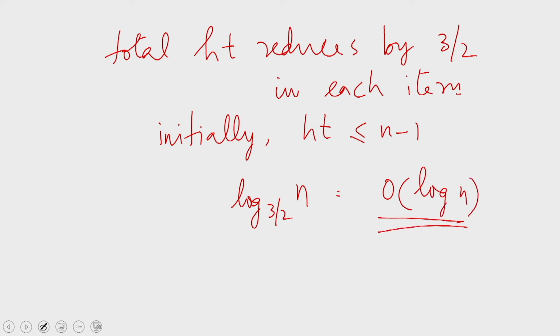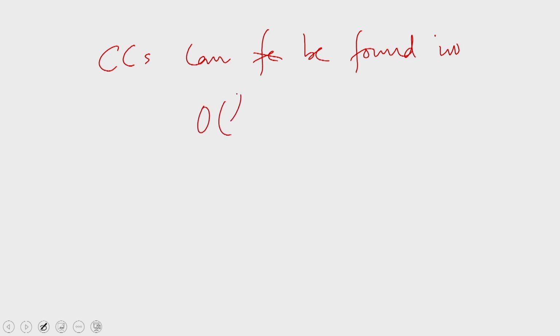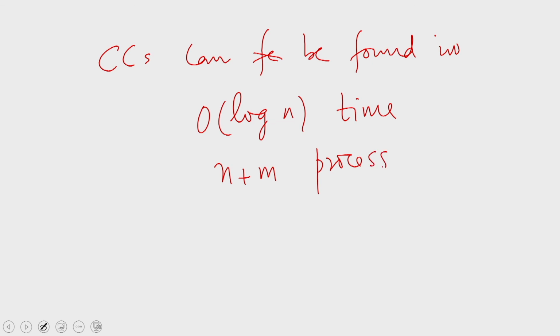So what we have established is that connected components can be found in order of log n time using n plus m processors, where m is the number of edges and n is the number of vertices, on a CRCW arbitrary PRAM.